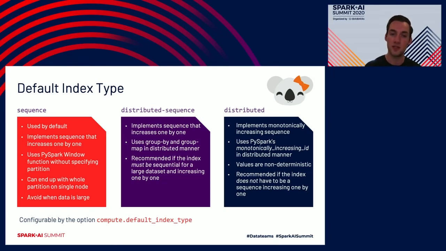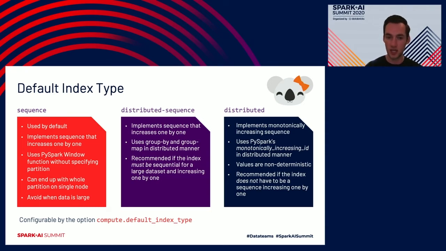Just to run through these then, distributed sequence implements a sequence that increases one by one using a group by and group map approach in a distributed manner. Subsequently, when attaching this index, a Spark job is run to compute the indices of the data frame, and the resulting row order could actually be different from the original order when the data was loaded.